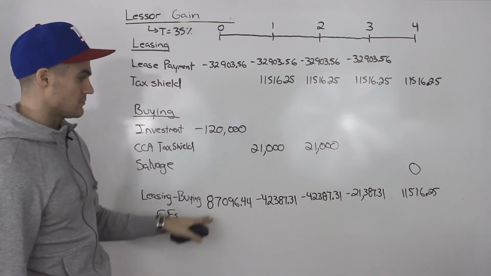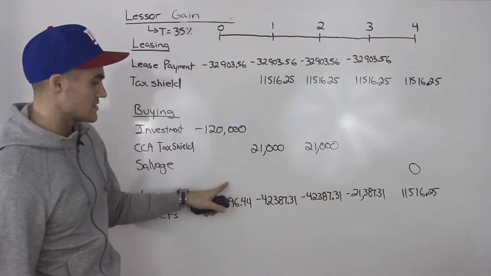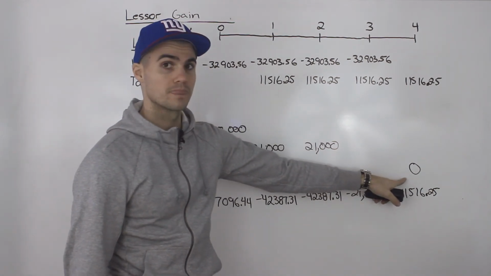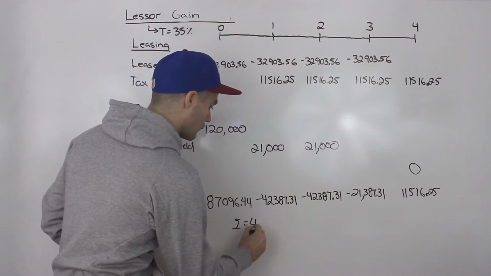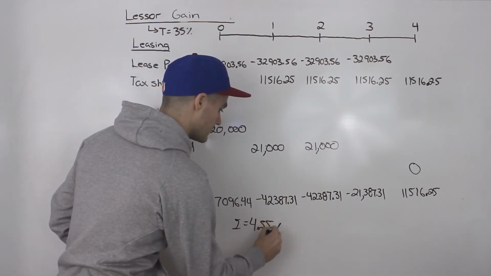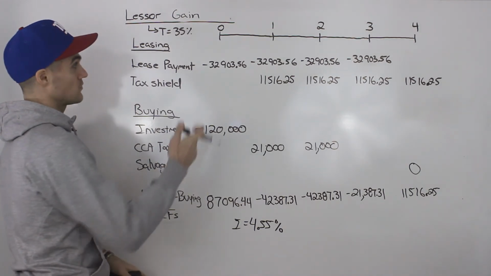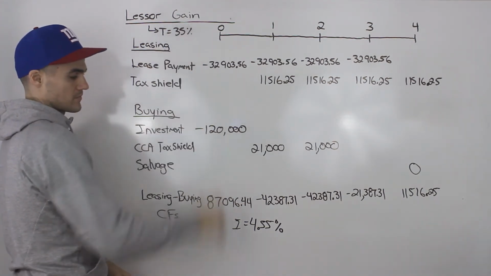And then you can simply plug these values into your financial calculator. So this would be CF0, CF1, CF2, CF3, CF4. And then you plug in an interest rate of 4.55%. And the way we get that, again, is 7% times 1 minus 0.35, which is the lessor's tax rate.